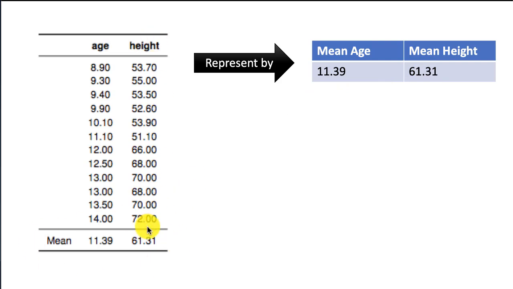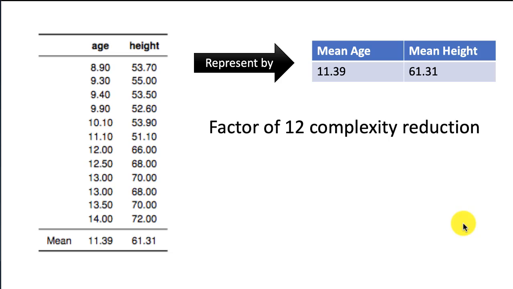So rather than deal with the 12 separate cases, you can say, well, as far as I'm concerned, this is what describes the data. I don't care about the differences that exist between the individuals. I'm going to treat it as a group whose mean age is this and whose mean height is that. So here you're doing a one-size-fits-all approach.